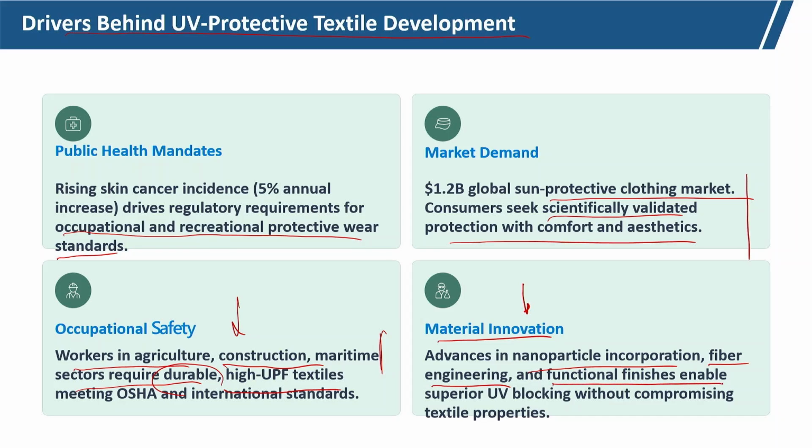Functional finishes, different types of UV blocking finishes are there, which we can apply on fiber, even on the fabric, with superior UV blocking without compromising the textile properties.